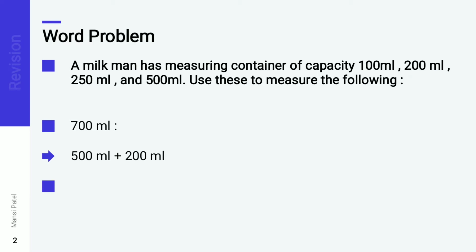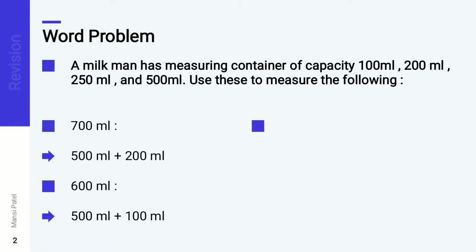Now the next, if you want to make 600 milliliter, how can you make it? Which capacities have a sum of 600? The sum of 500 milliliter plus 100 milliliter is 600 milliliter.